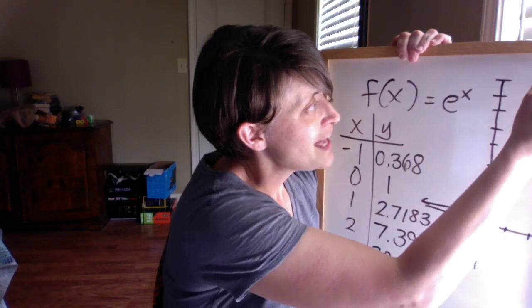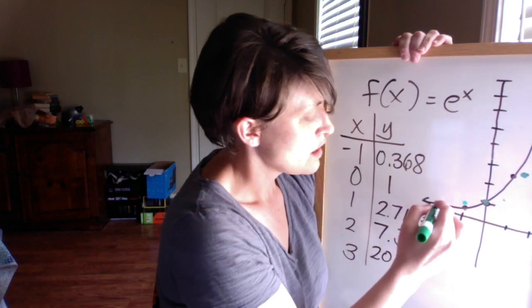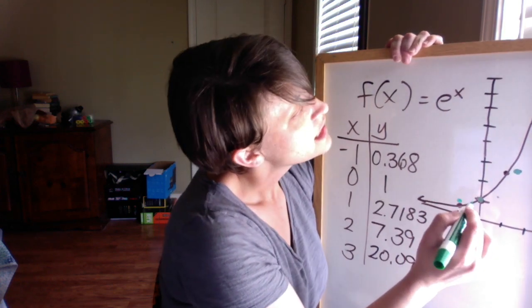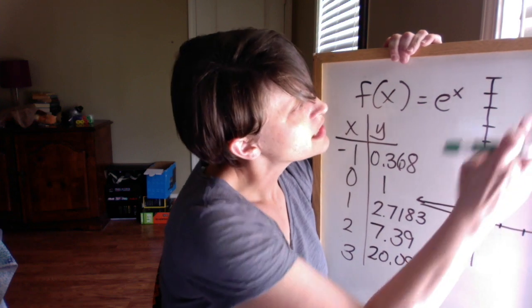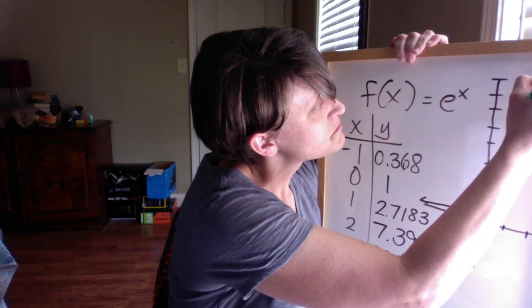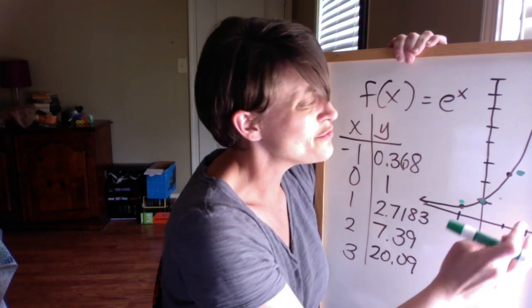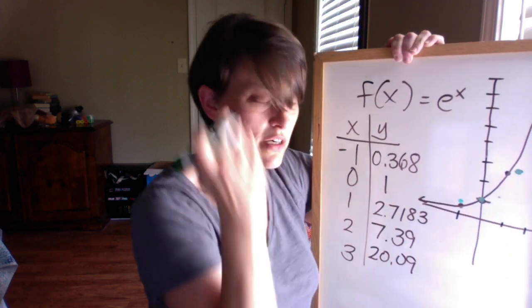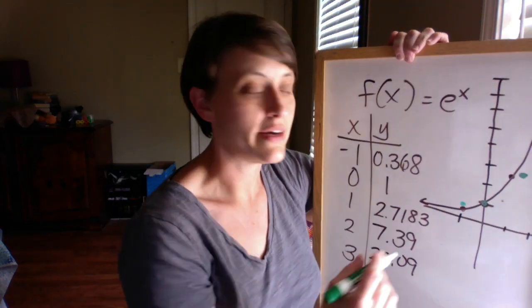1, 2, 2, 8. Okay, so we can see, yeah, 2, 8. Sorry, no, what am I doing? 2, 4, goodness. I'm wondering why it's not looking like it's supposed to look. Well, it's because I was doing the exponent wrong.